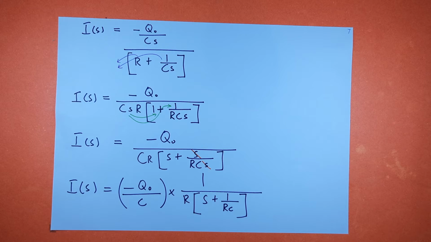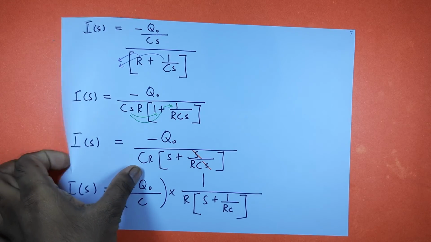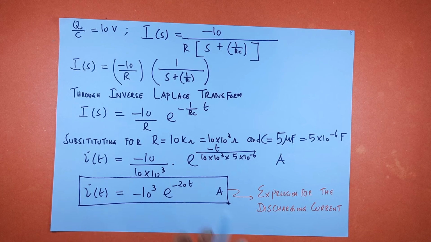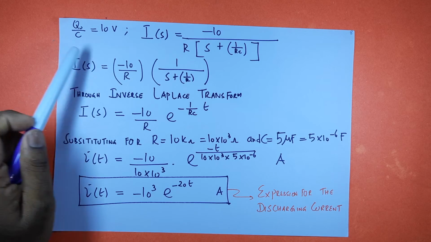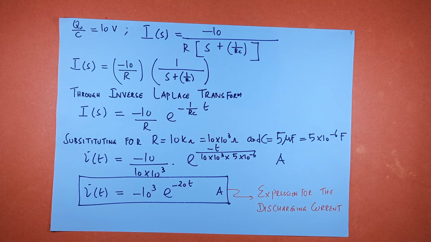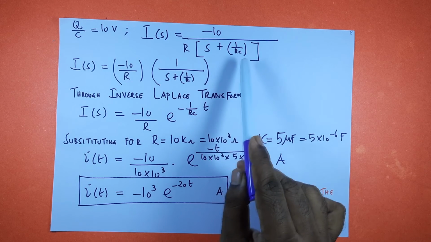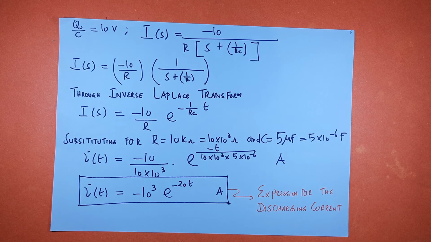Okay. So this Q naught by C is nothing but the voltage across the capacitor. That is by the basic definition. So we can apply 10 volts instead of Q naught by C. So as Q naught by C equal to 10 volt, your expression will become I of S equal to minus 10 divided by R into S plus 1 by RC.